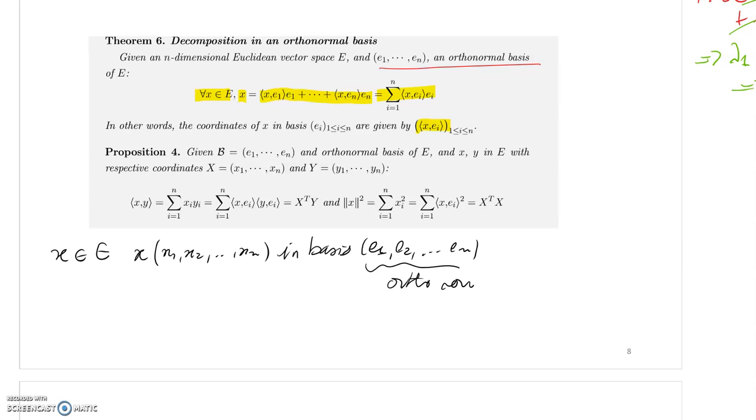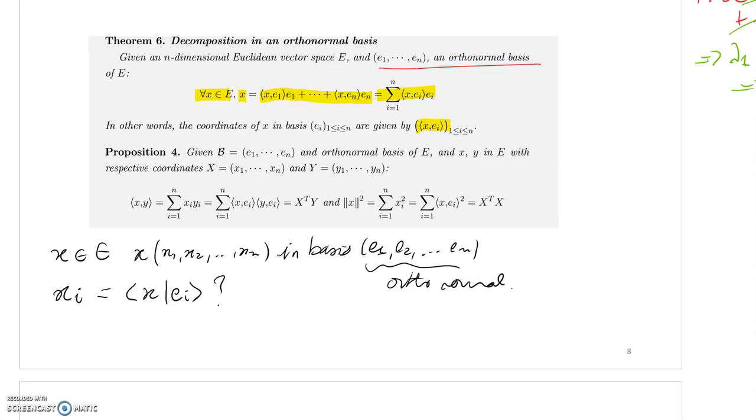So what I want to prove is that the xi are actually given by the scalar product of x with ei, the corresponding vector. Okay, so let's prove this.